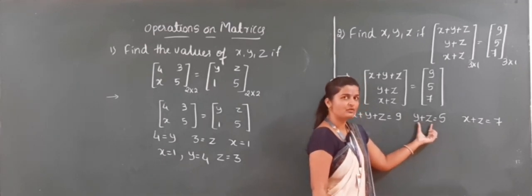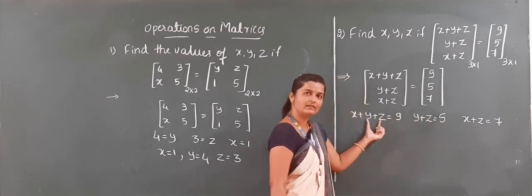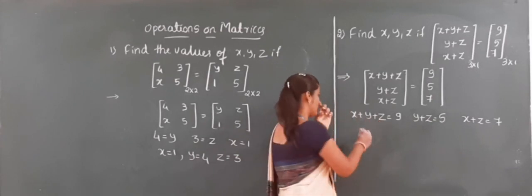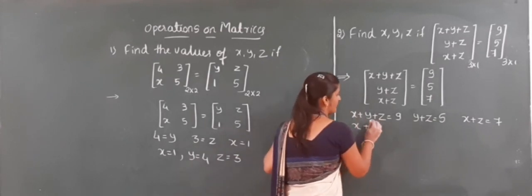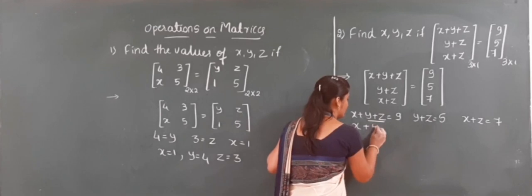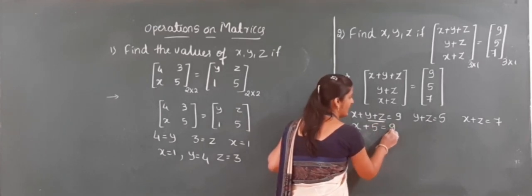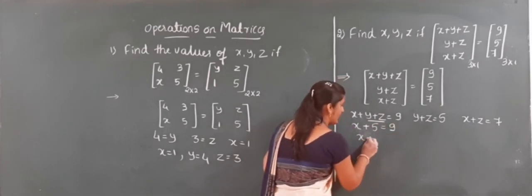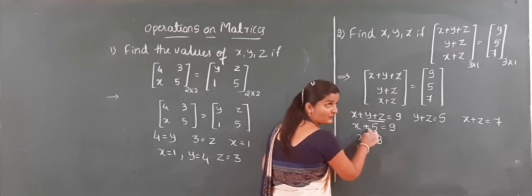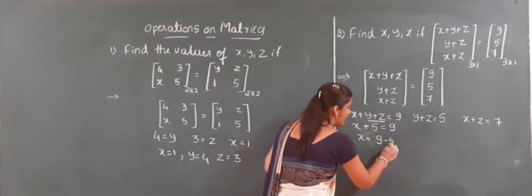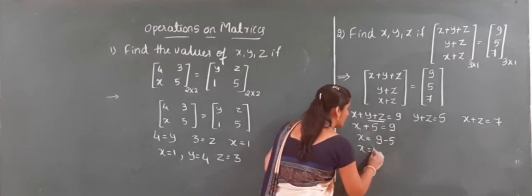Can I substitute y plus z equals 5 in this equation? Yes. So I will write 5 here in place of y plus z, and 9 on the other side. So what will be the x value? Moving this 5 to that side, 9 minus 5, so x equals 4.